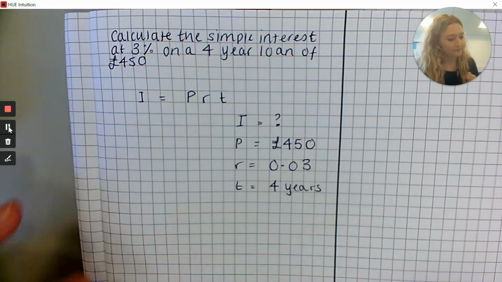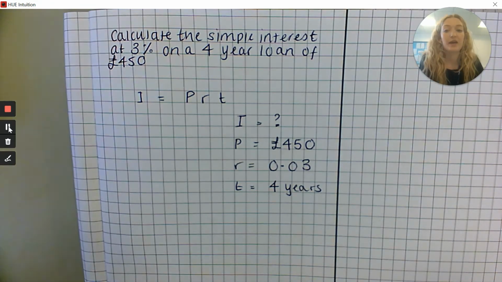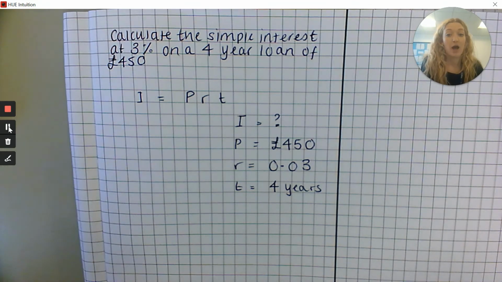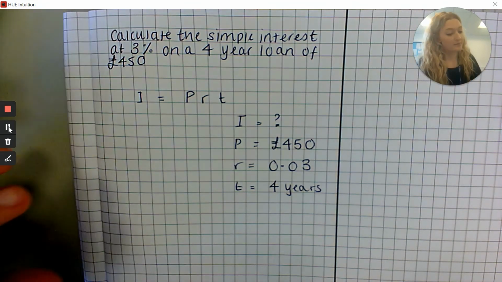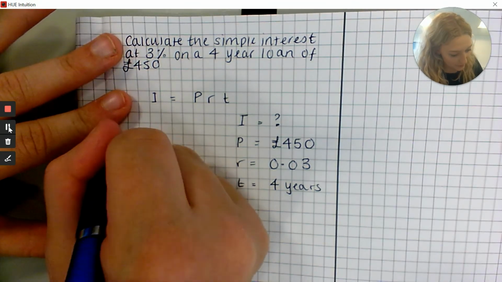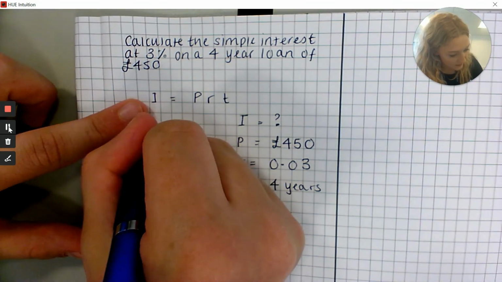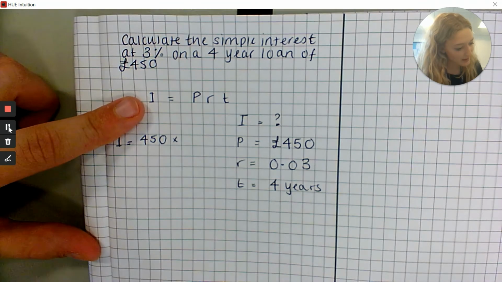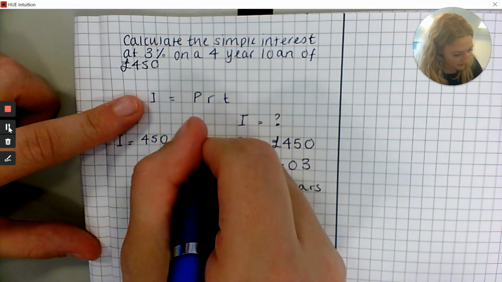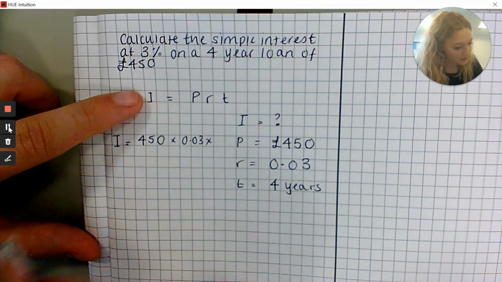I've worked out what each of my components means, and then I can generate my answer. I can put that into the equation and work out the simple interest. My simple interest is equal to the principal, 450, times the interest rate, 0.03, times the time, which is 4.